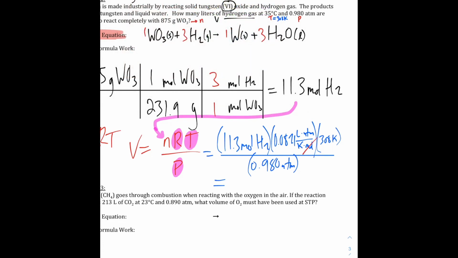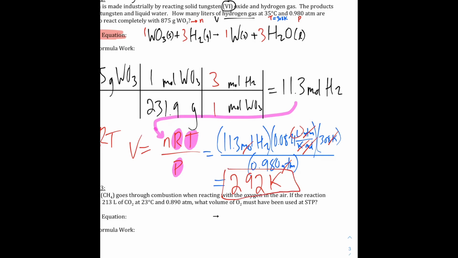Of course, you should show them. Moles cancel. Atmospheres cancel. Kelvin cancels. We're left with liters. I got a value of 200 and rounding to 2 sig figs, 290. Well, that's 3 sig figs. Pardon me. Let's see, 292 Kelvin.